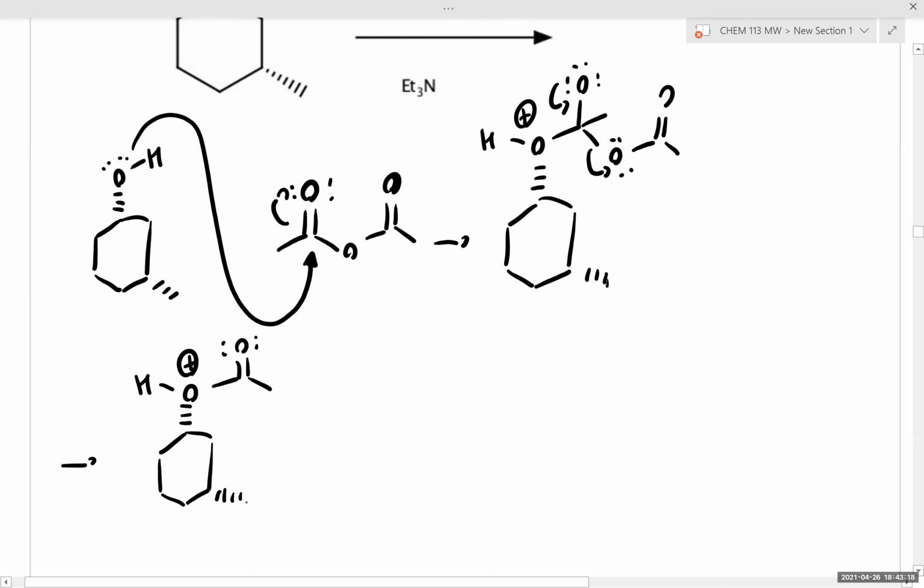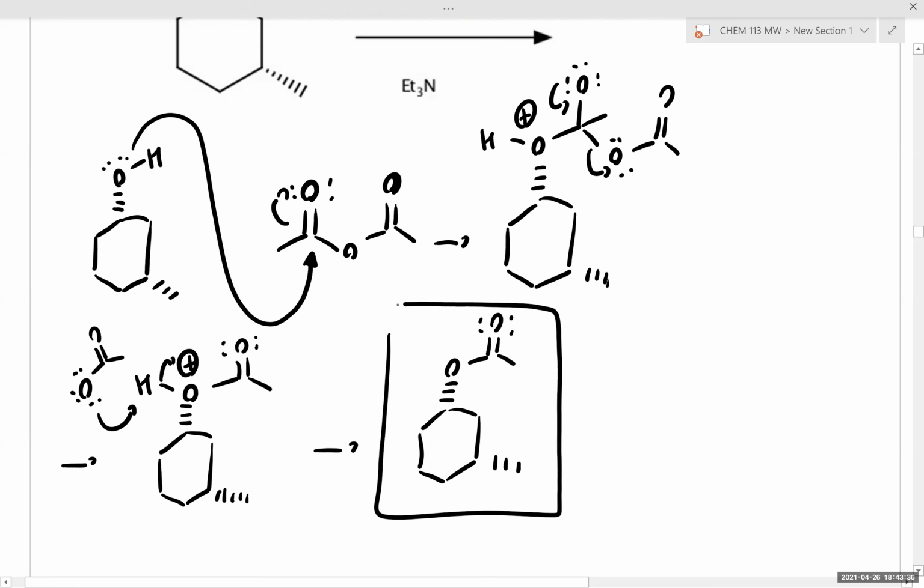From here, as a last cleanup step, acetate will pull off a proton and we'll get our neutral isolable ester product. So we can prepare esters from alcohols and anhydrides, just like we can prepare esters from alcohols and acyl chlorides.